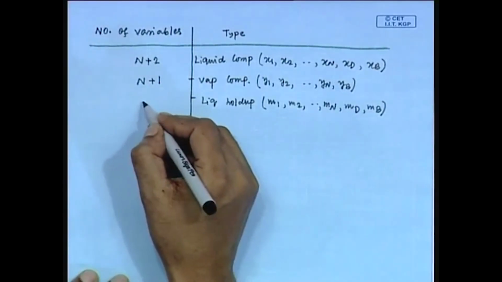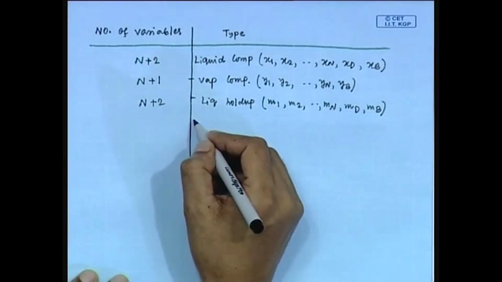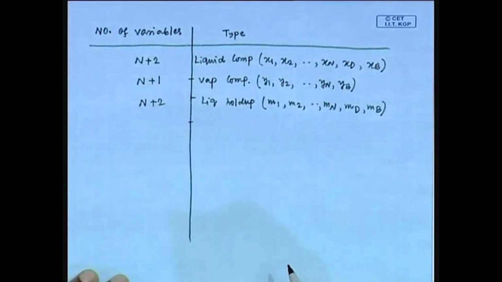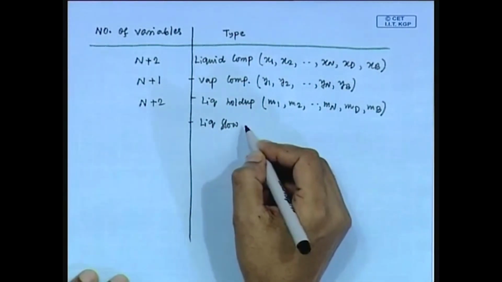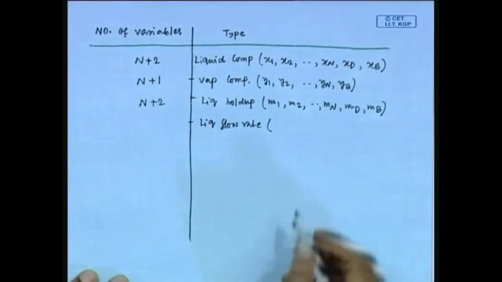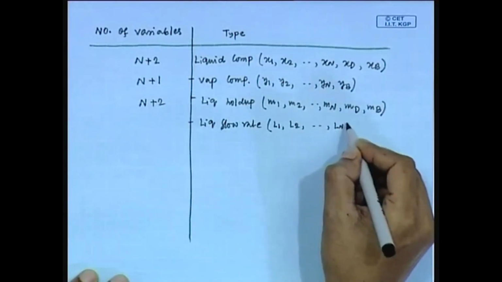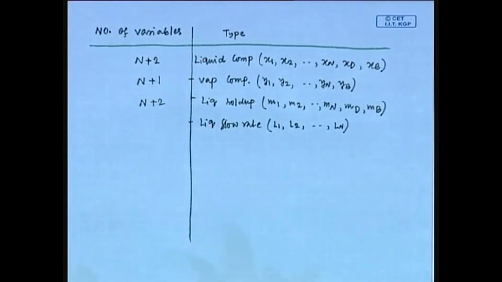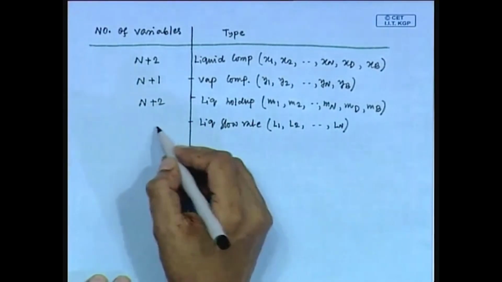So, total number is n plus 2. Next one is liquid flow rates. How many liquid flow rates are involved? L1, L2, Ln. Fine, we are not including the flow rates of top and bottom products. We will consider those separately. So, total number of liquid flow rates N.